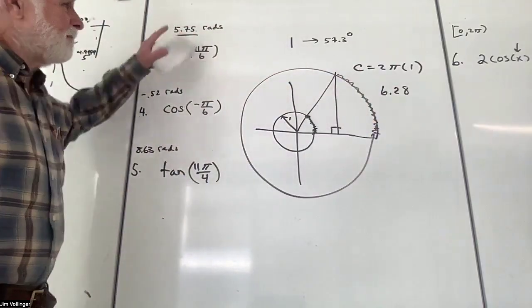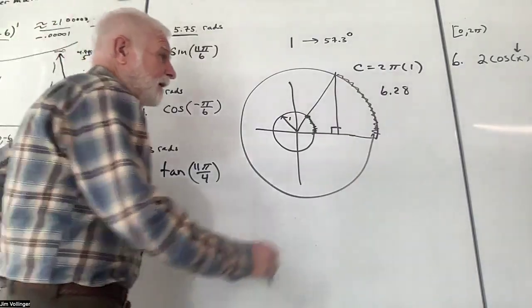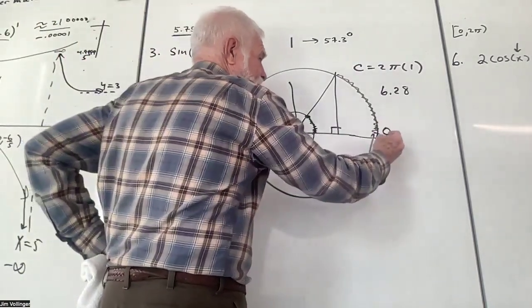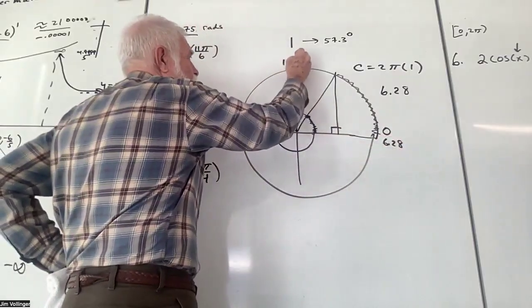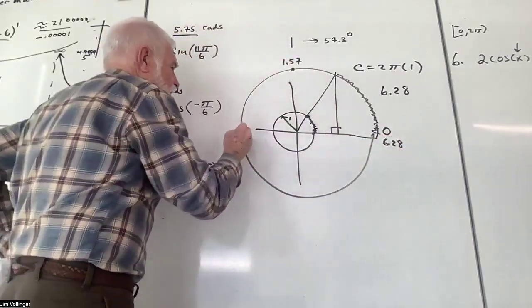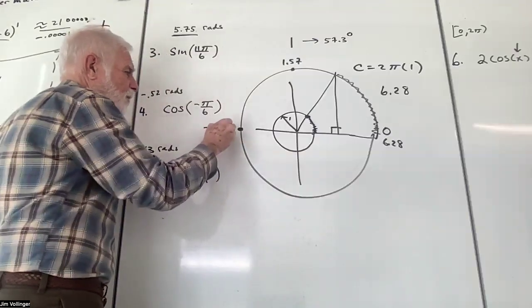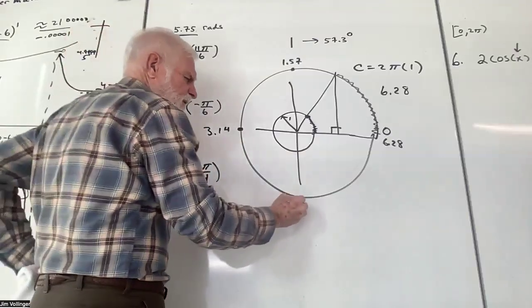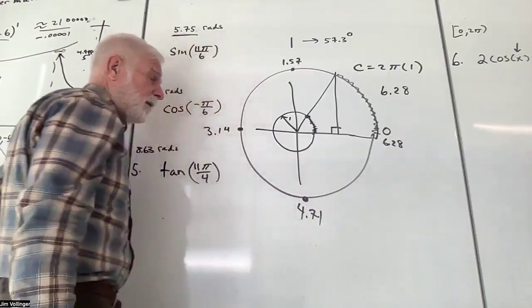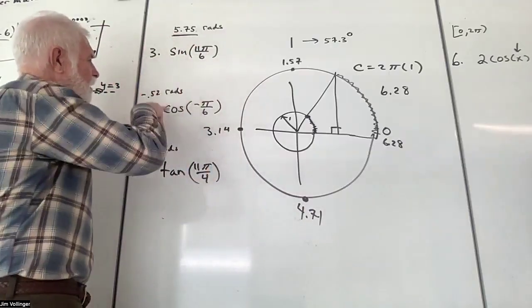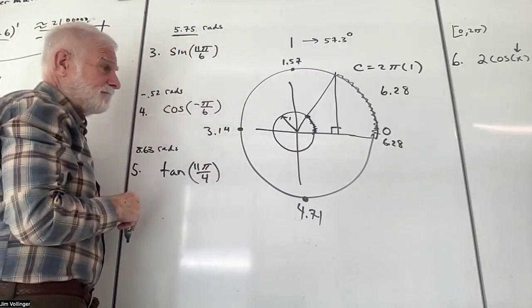And I'm at 5.75. And I know this is 0. It comes back to 6.28. I know that this one is about 1.57 radius lengths. This one is very familiar, 3.14. This one is 4.71, I believe, if my memory holds well. And so where is 5.75?